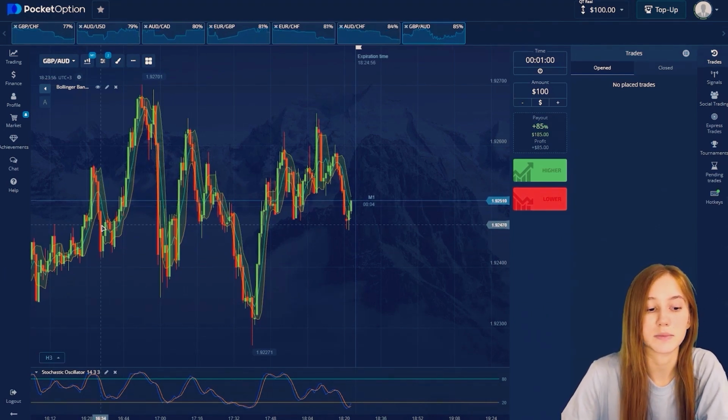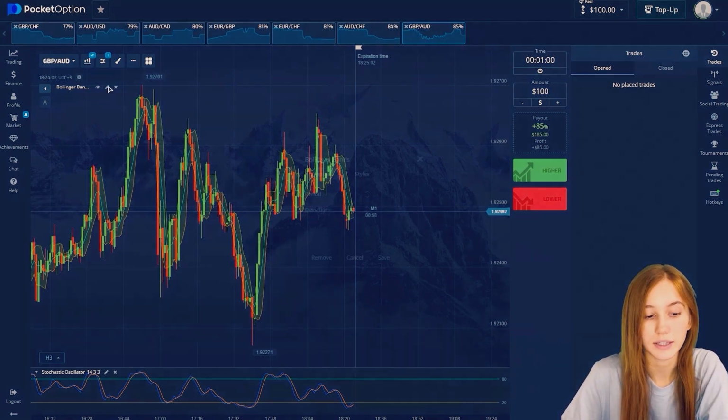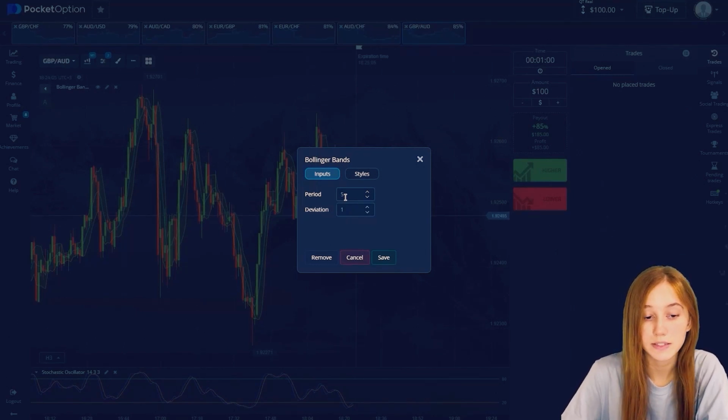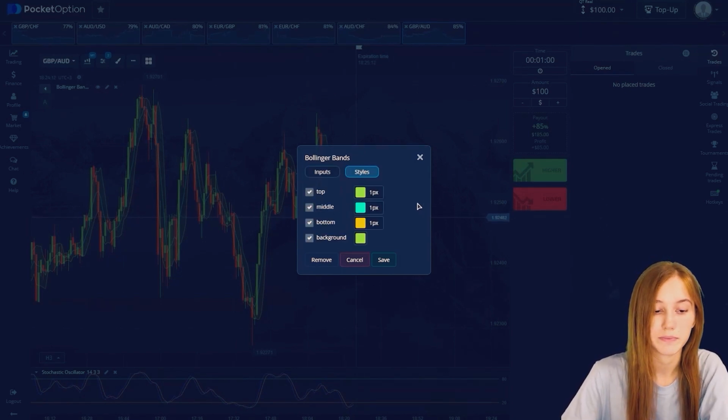Bollinger Bands are displayed on the chart along with price candles in the form of an upper and lower line located around the average of our moving average. This indicator shows the overall volatility, and also the direction of our trend.